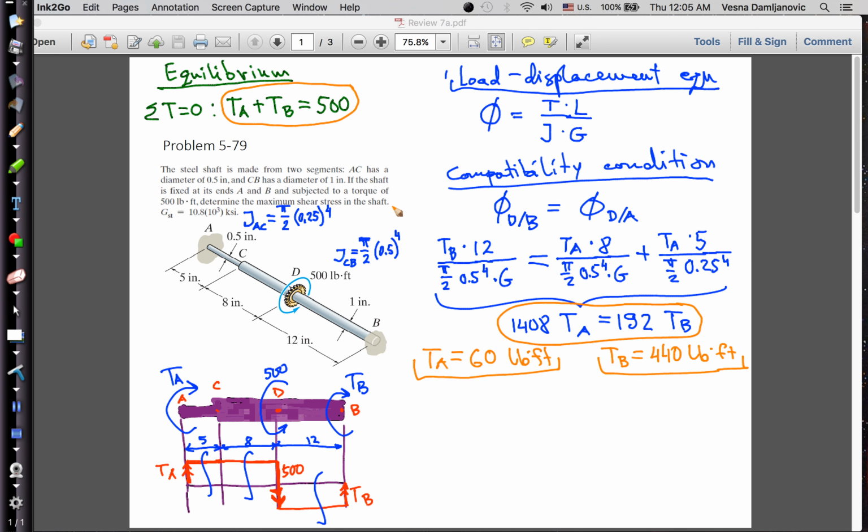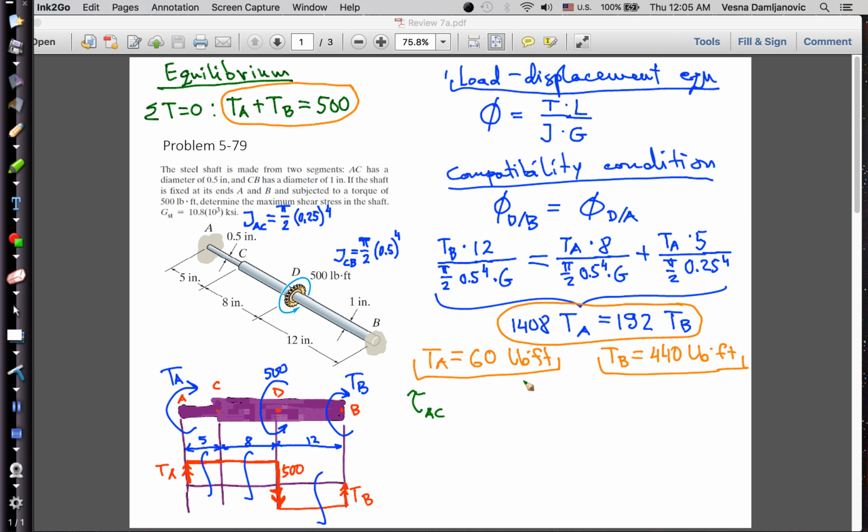So let's write it up. Let's write up the last part of the problem, which is the shear stress. The shear stress for the section AC, we'll call it tau AC. And it goes without saying that we're talking about the maximum shear stress, right, at this point, because we're looking at the biggest values in that section.